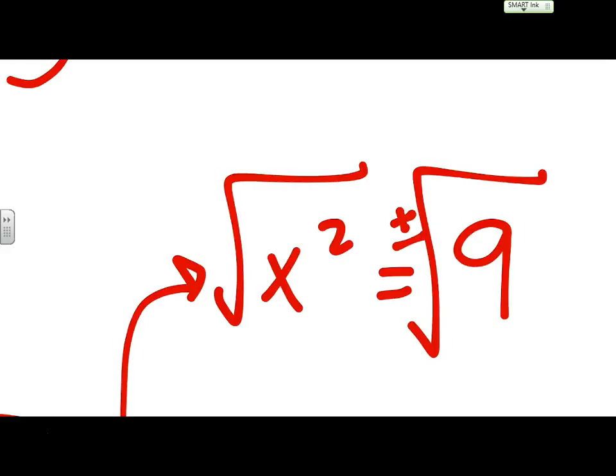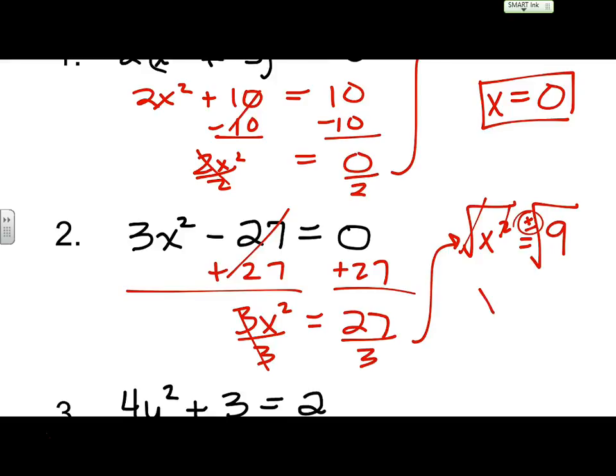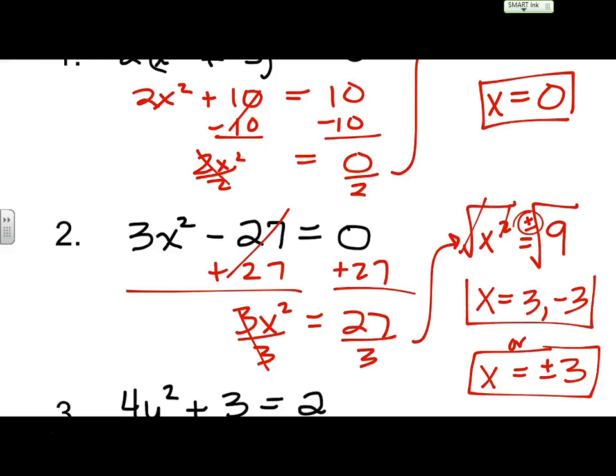The square can cancel out, but I need 3. X equals plus or minus. So if I do it that way, it's right. Now let me show the answer. Either of these is perfect. Either one. There's a big old or in there. Either one is perfect. Trust me. I showed you that.